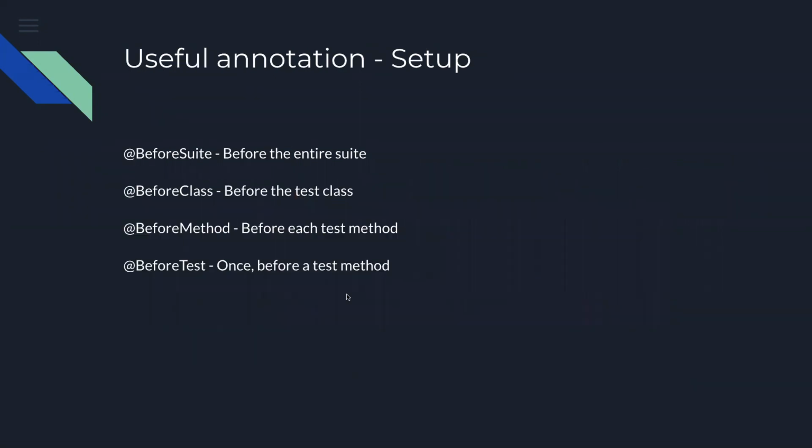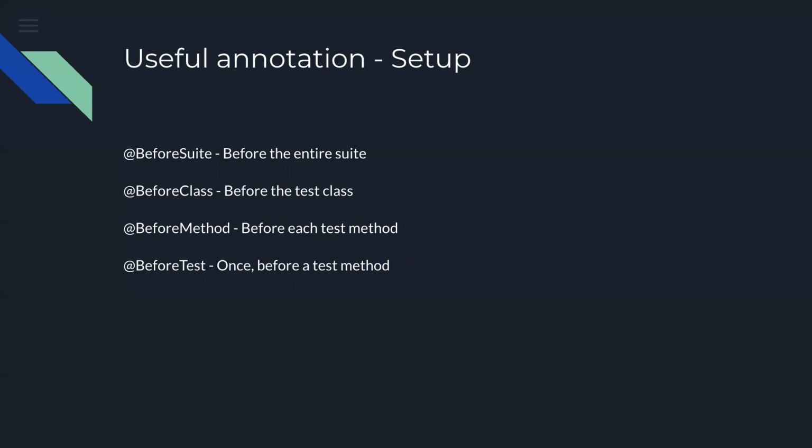Some other useful annotations are the before and after ones. So we have several. The before suite is something that would happen once when all of our test suite will be executed. The before class would happen before our class. In the previous example, you saw that we had 1 class and 2 tests, so it would happen before the class would load.